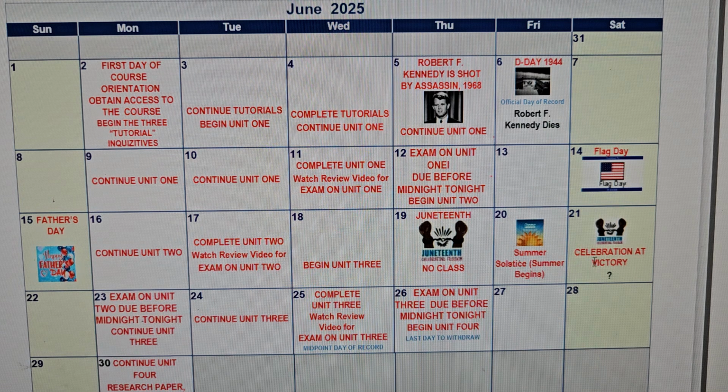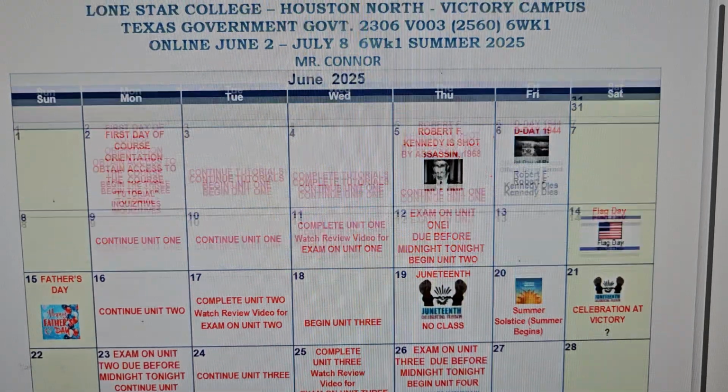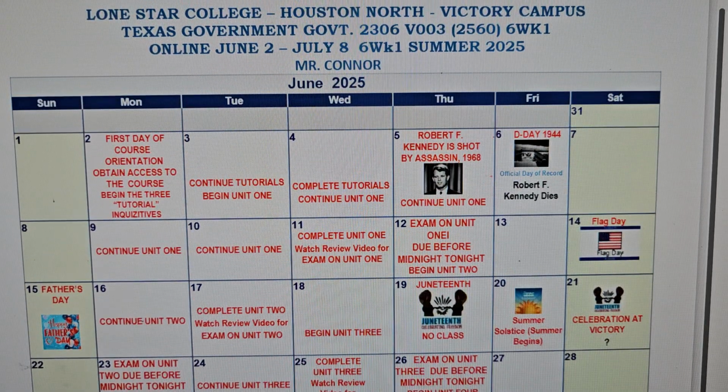I think maybe Victory Campus will have some kind of Juneteenth celebration. They have in past years. I don't know if they're having one this year or not, but they have it on a Saturday. If they do, you can go to that and participate, or you can go to one of the Juneteenth parades right down the street in Acres Homes.